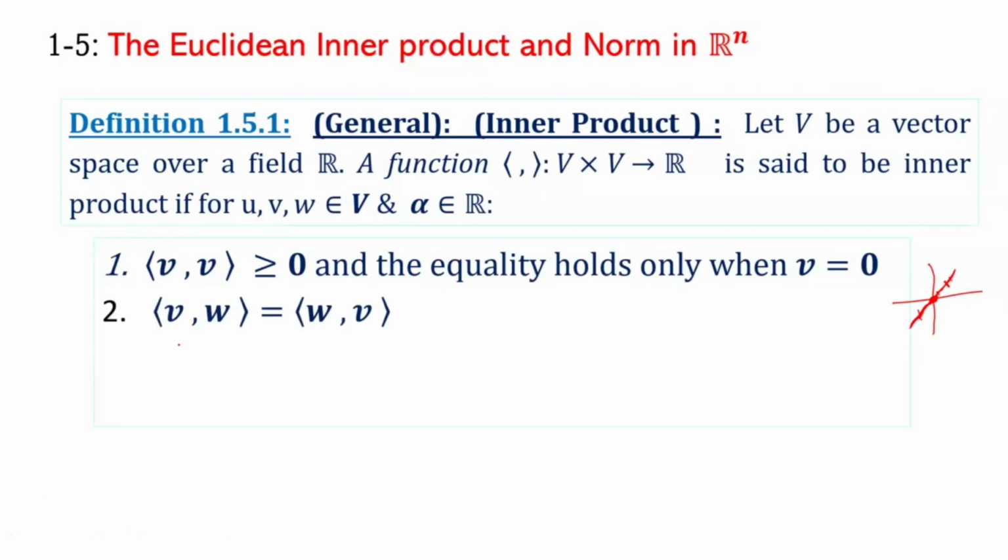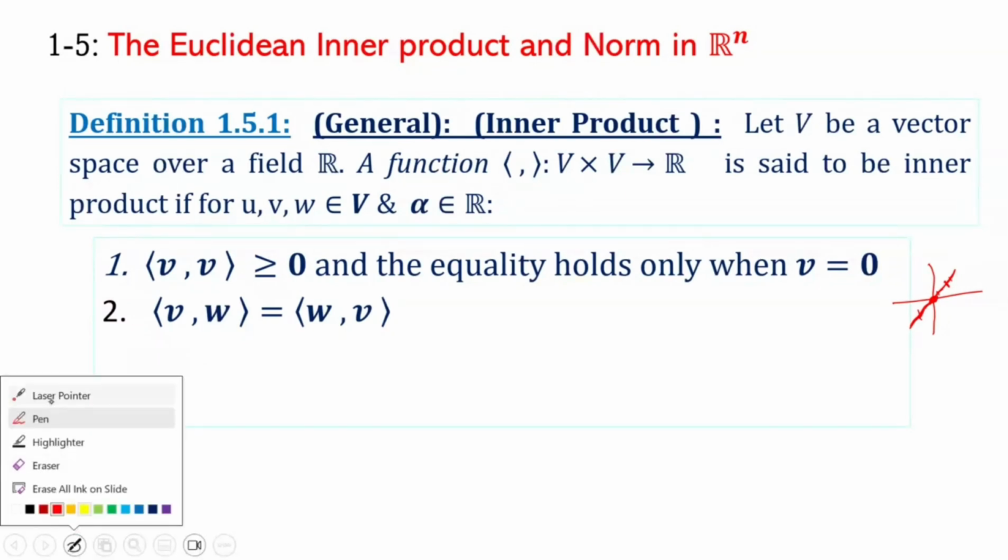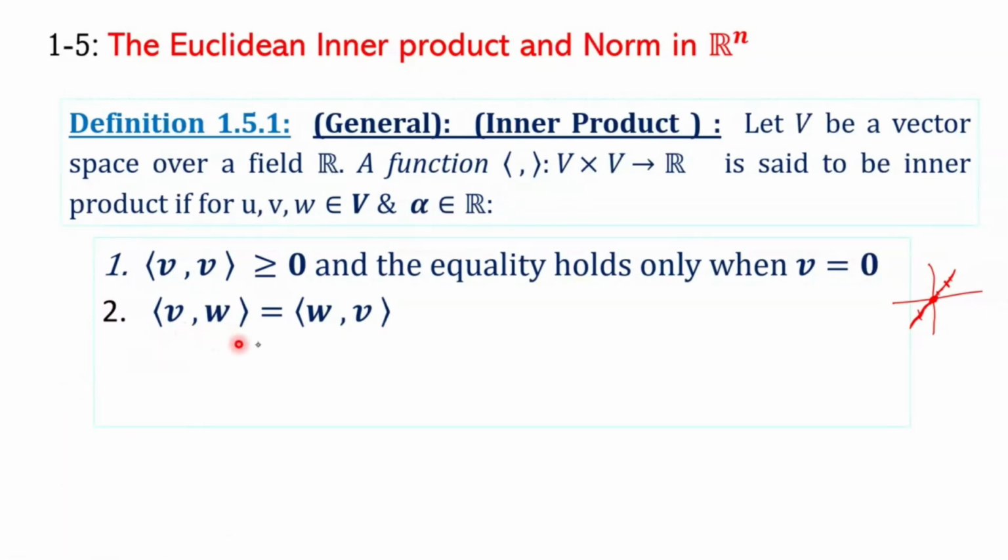The second property is (v, w) equals (w, v): if you change the position of the vectors, their inner product will be the same, meaning the function's value should be the same.